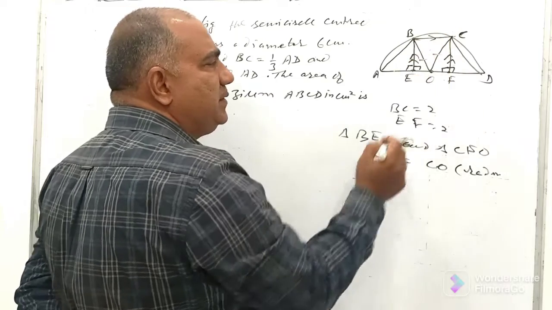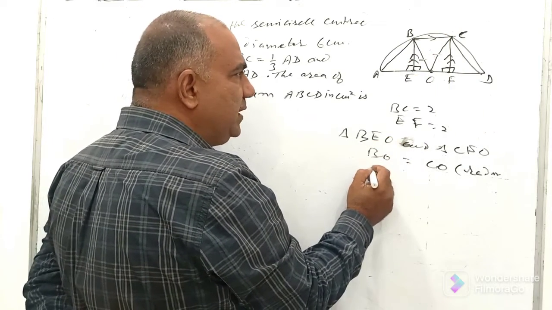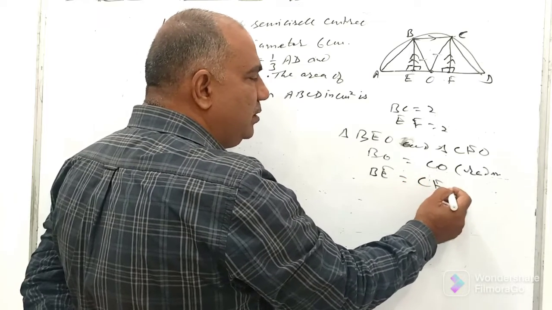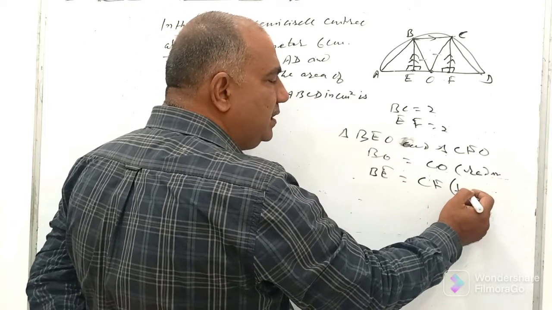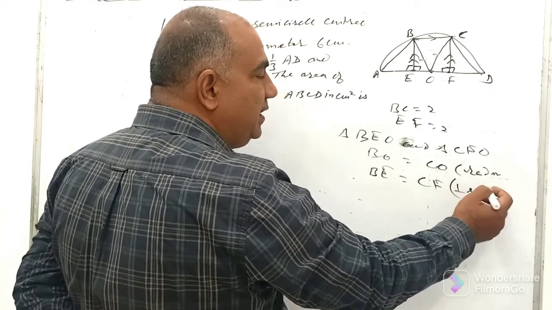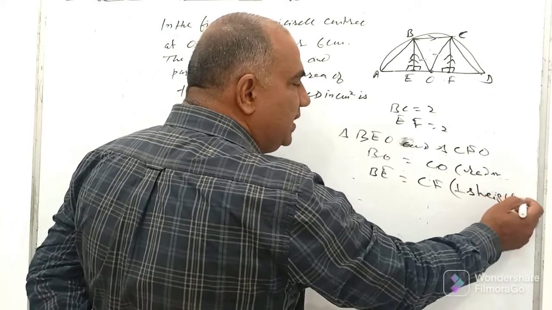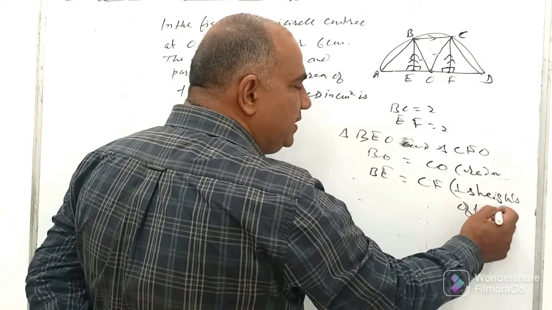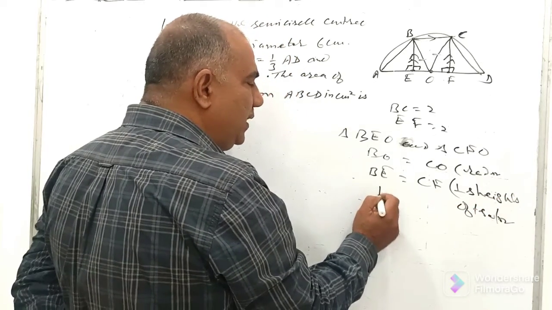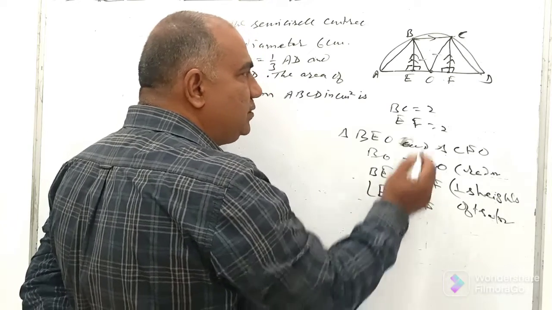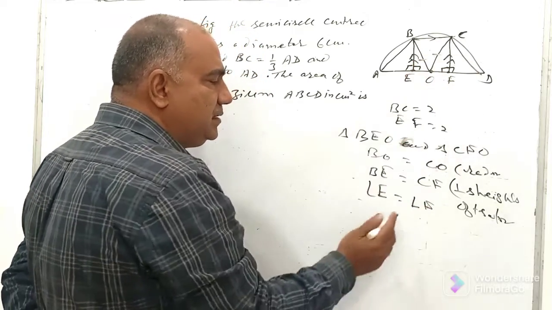Also, BE is equal to CF. Both are perpendiculars on AD, or they can be called the heights of the trapezium, and they have to be the same. And also angle E here is equal to angle F there. So these two triangles are congruent.